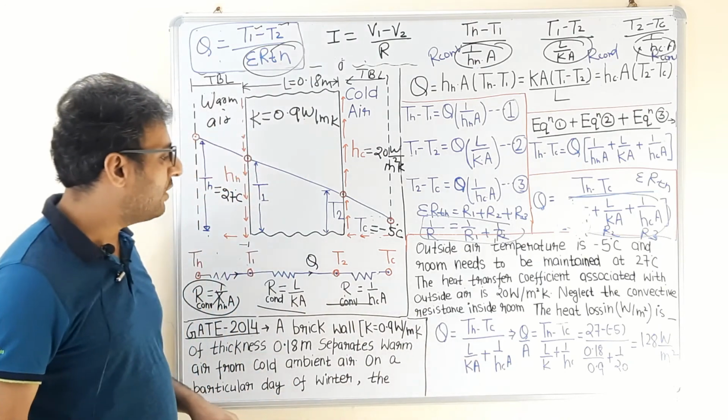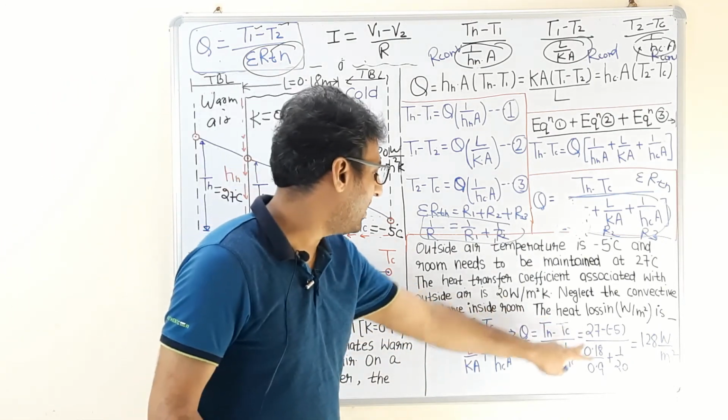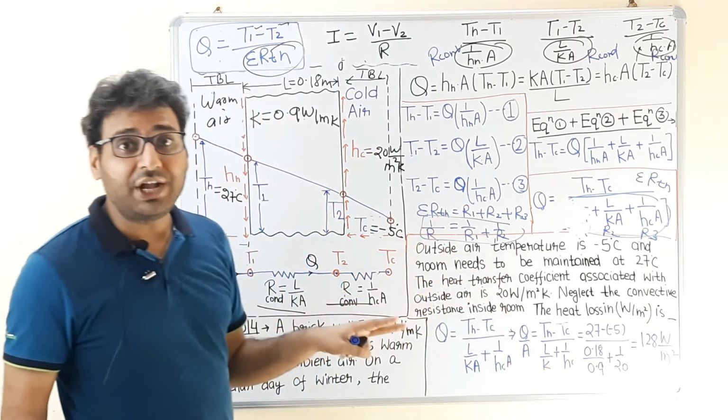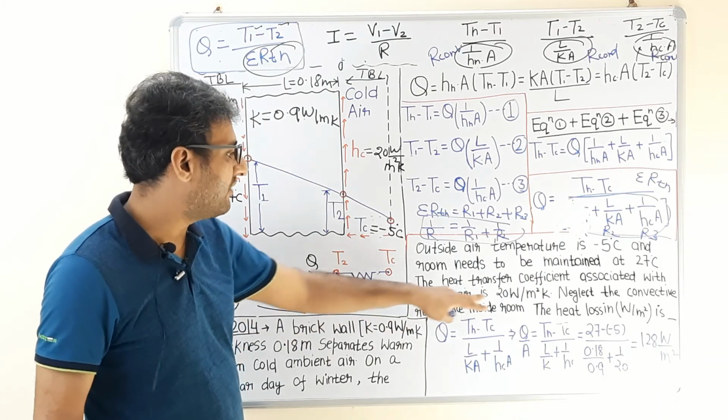Now all values are given in the problem. Th is given, Tc is given, and we need to determine the value of heat transfer rate per unit area, which is heat flux.